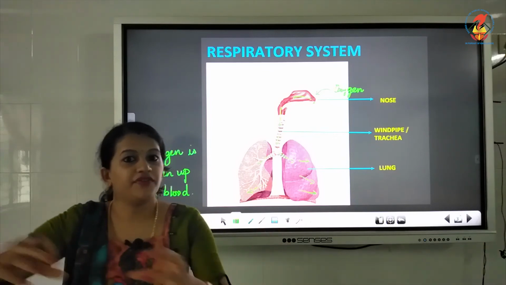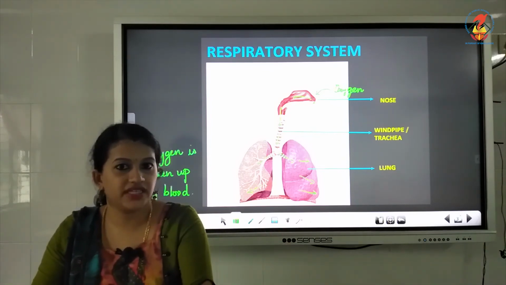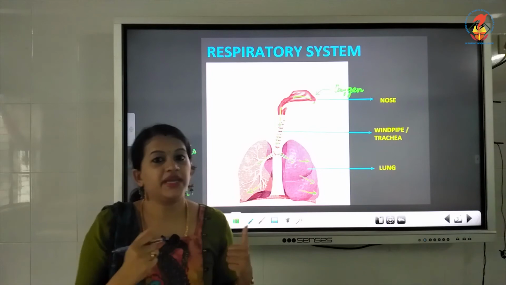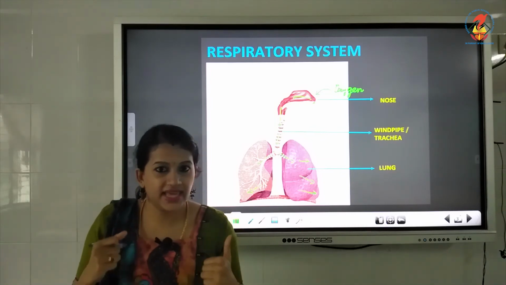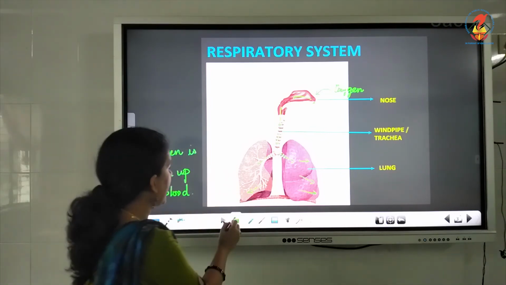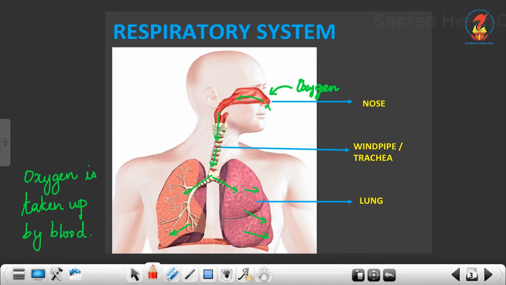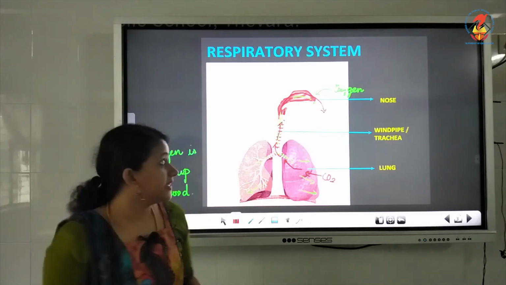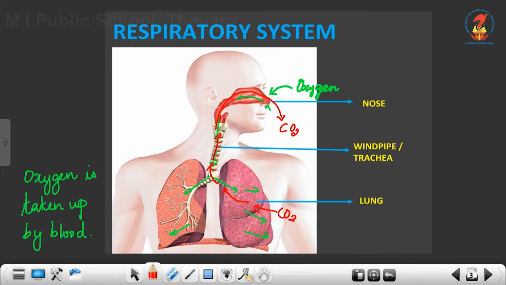So after giving the oxygen to each cell, the blood will take the waste material, the carbon dioxide gas, and travel back again. It will carry the CO2 back from the lungs to the windpipe and again back to the nose. And we are breathing the carbon dioxide out.